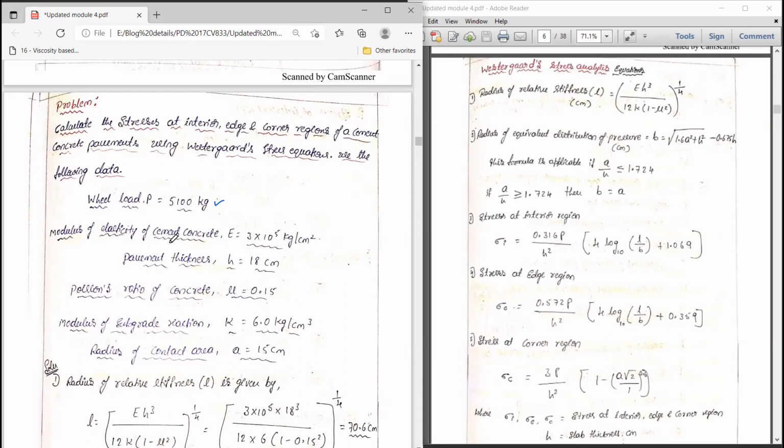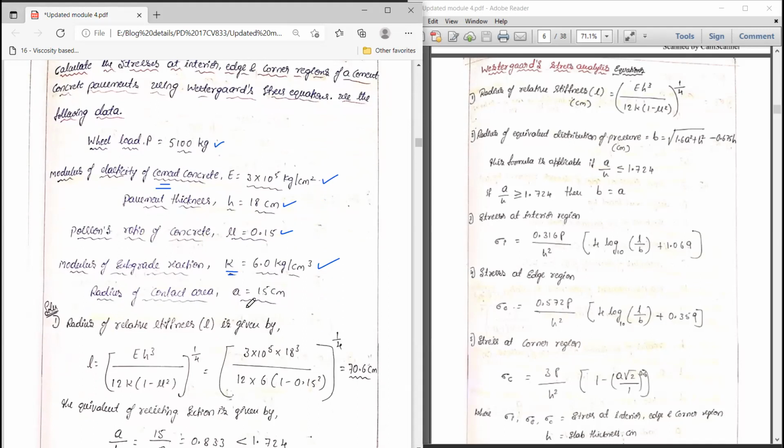The modulus of elasticity of cement concrete is 3 into 10 to the power of 5 kg per centimeter square. Pavement thickness is 18 centimeter. Poisson ratio of concrete is 0.15. Modulus of subgrade reaction, K, is 6 kg per centimeter cube. And the radius of contact area, small a, is 15 centimeter.